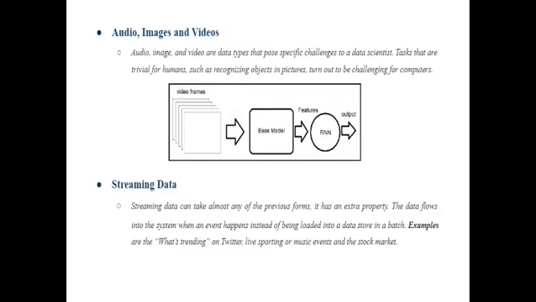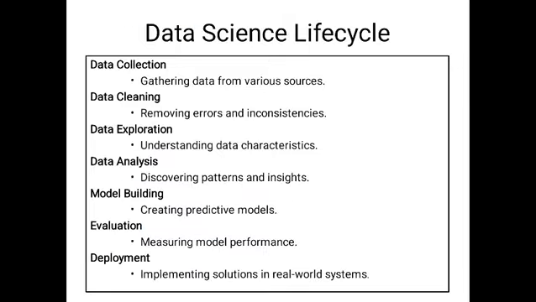Then audio, image and video: data in audio, image and video formats come under this category. And streaming data: for example, live sports and music events, that data comes under streaming data.